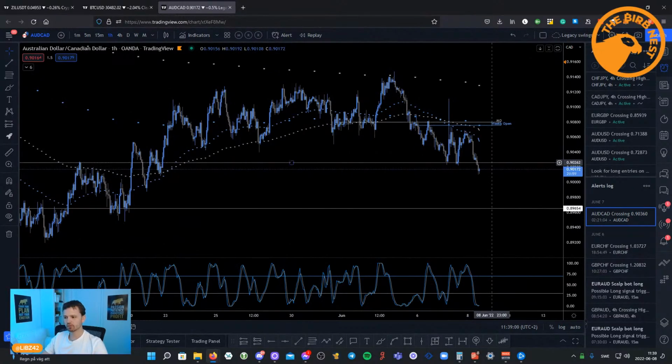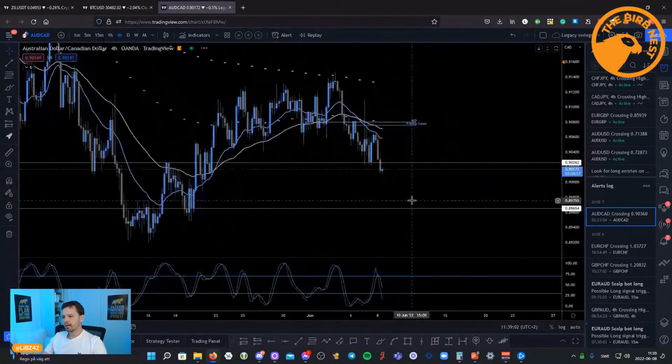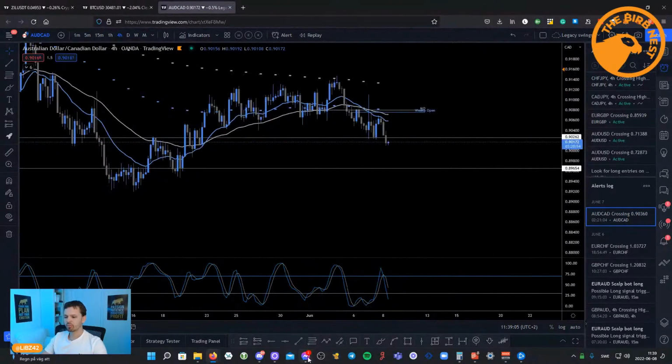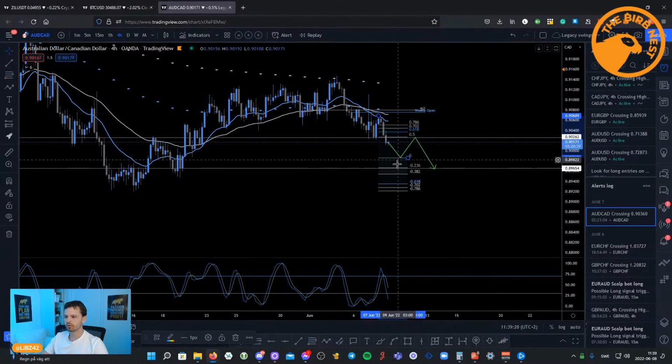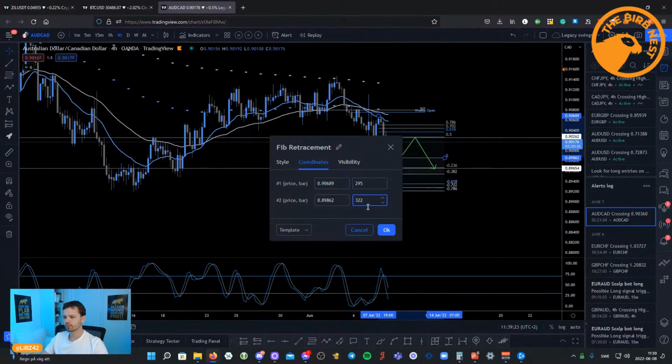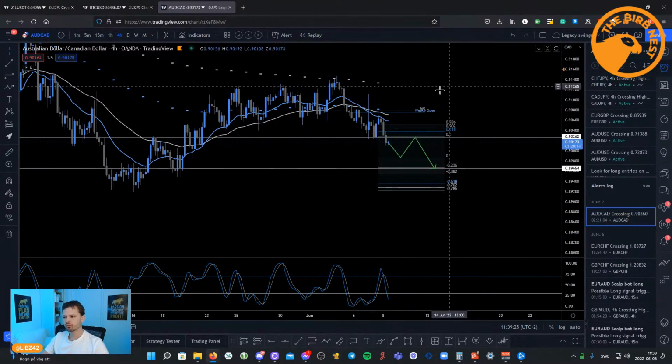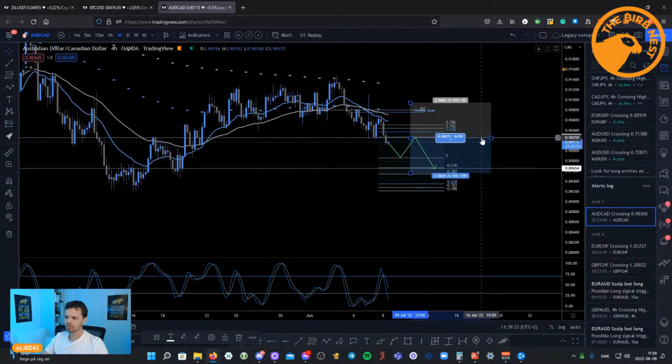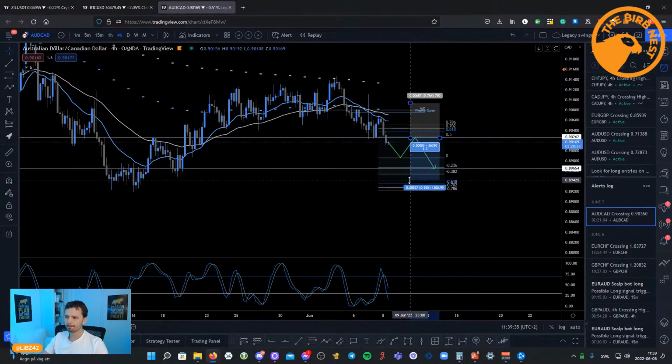What I'm thinking is, if I look at 1 hour here, if price moves down here perhaps and then retests that level, this would then be the trade. I would like for the 4 hour 20 EMA to come down here as well. And if we do get that, I'd like to go short here.